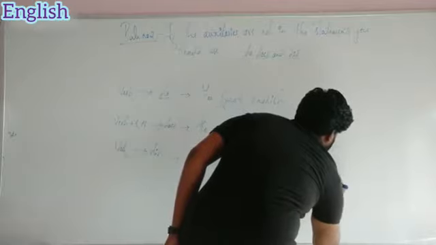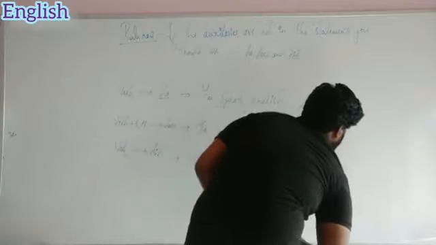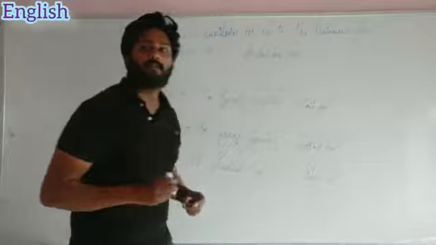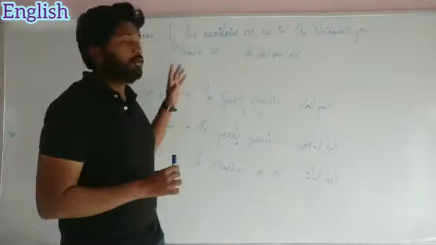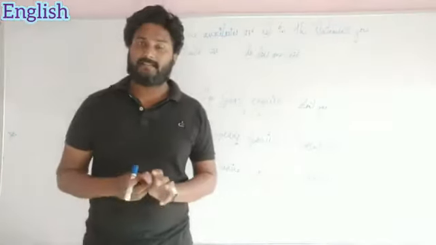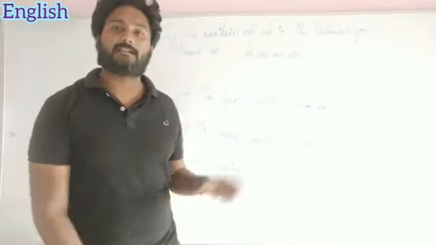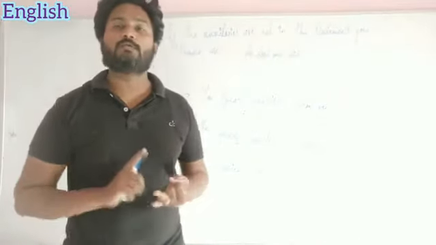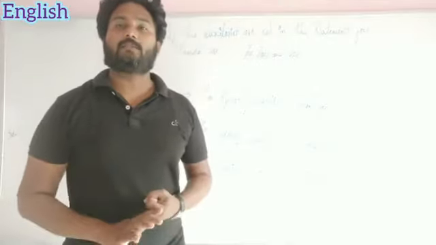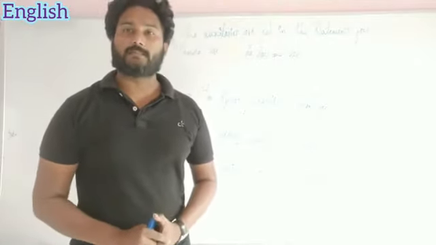Didn't he? This is what the second rule explains. The second rule explains that in the case of the absence of the auxiliaries, you should use the word do, does, or did, and that also depends on the verbs.